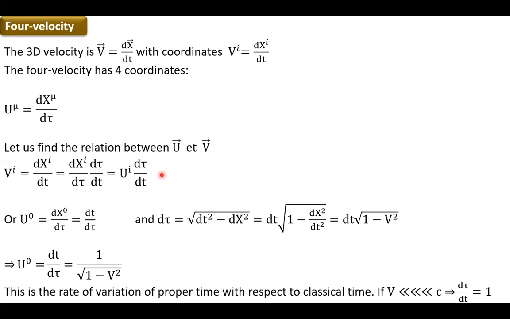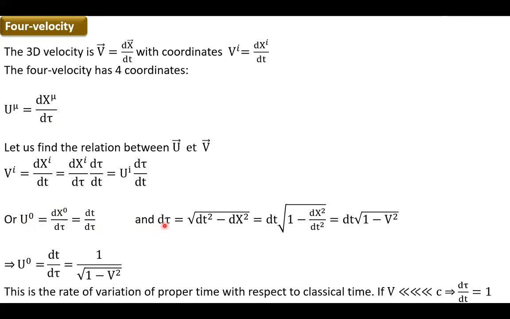Here in this equation, you don't have any v0 and any u0. So here you have 3 quantities, 1, 2, 3. In order to find this quantity d tau over dt, let's use u0, which by definition is dx0 over d tau. dx0, or x0, is t. So dx0 over d tau is dt over d tau.